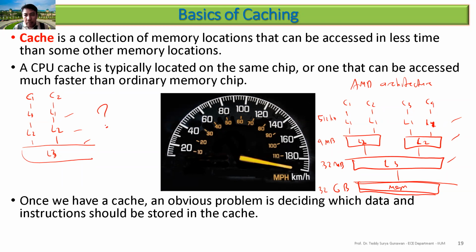Cache is a collection of memory locations that can be accessed in less time than some other memory locations. Remember the pyramid of memory.